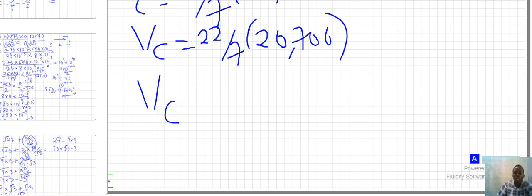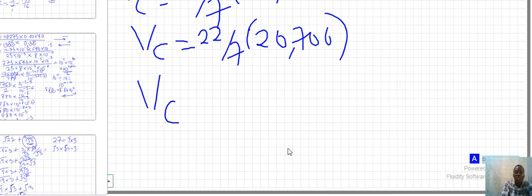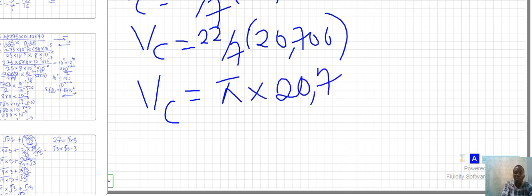Now let's look at what the solution is like. Remember, the solution is in pi, so we are going to leave our answers in pi. So this is going to return back to pi times 20,700.